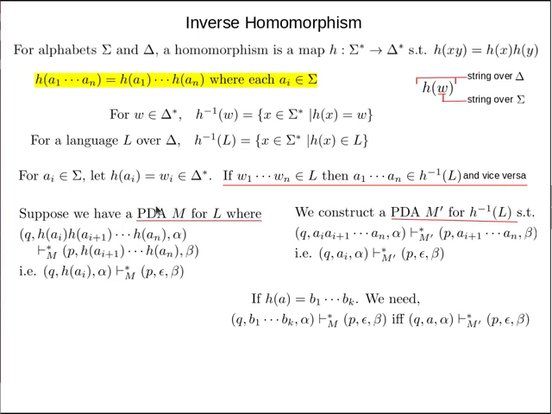We kind of take the moves from here, and correspondingly we construct another PDA which makes moves over this string. So you will see in the proof that it really doesn't matter whether this PDA is accepting this L via empty stack or via final state, but for the sake of the proof, let's say it accepts this L via final state.